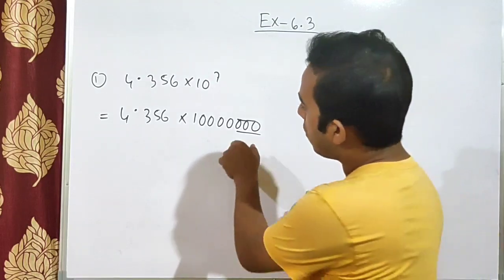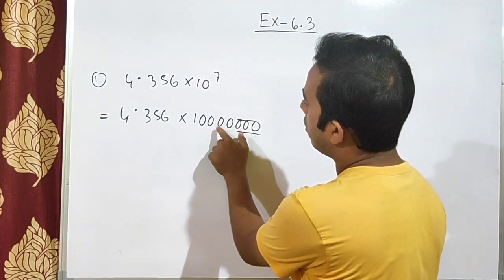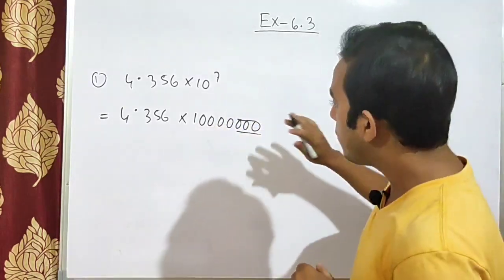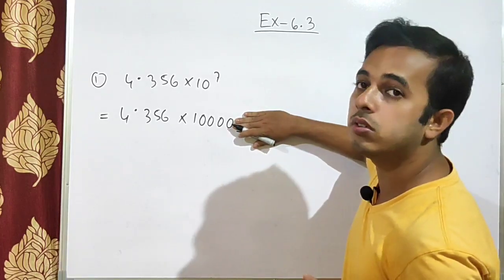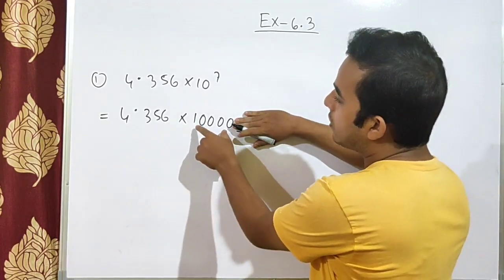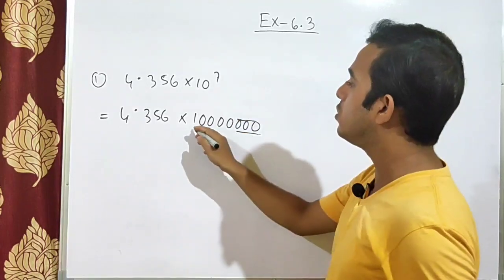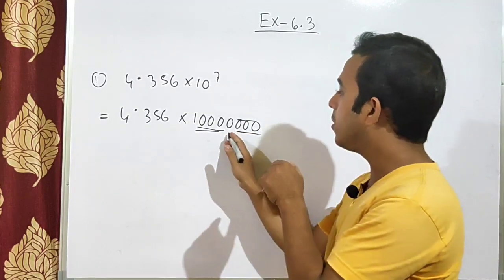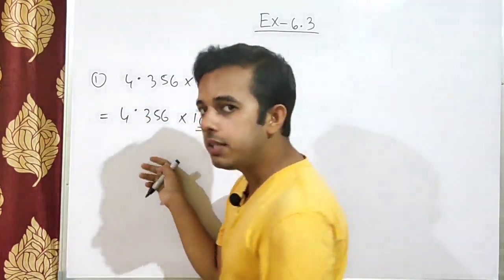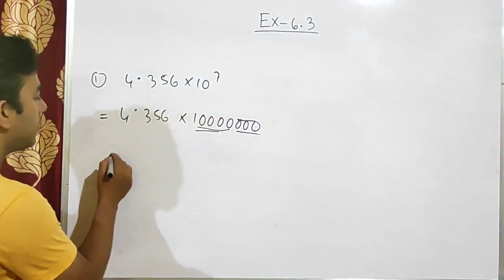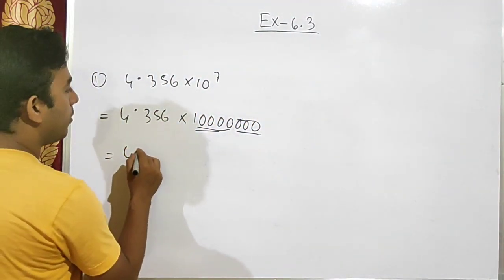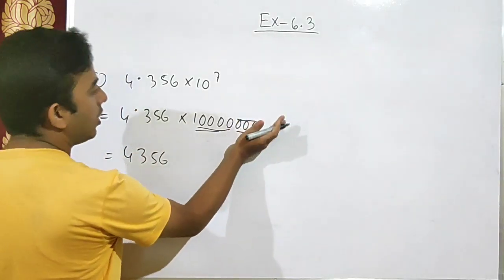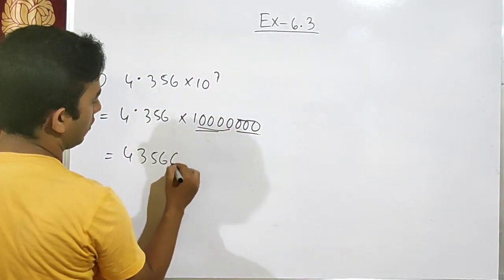That means from these zeros we have to use 3 zeros for removing the decimal, because after the decimal there are 3 digits. So 4 zeros are left, right? The decimal will be removed and we will write 4356. Now 3 zeros are cancelled, isn't it? What is left? 1 2 3 4.